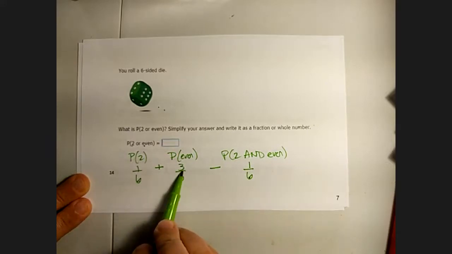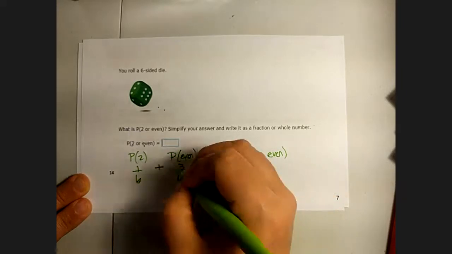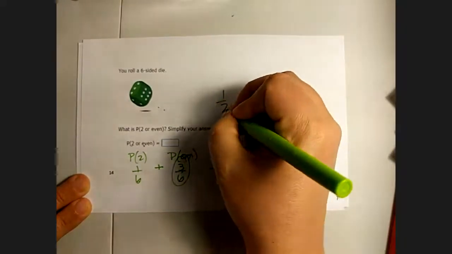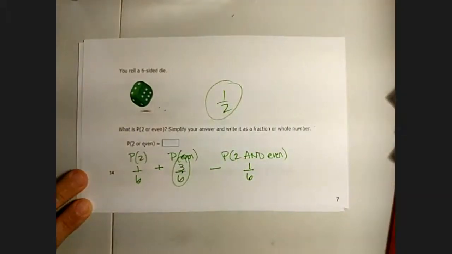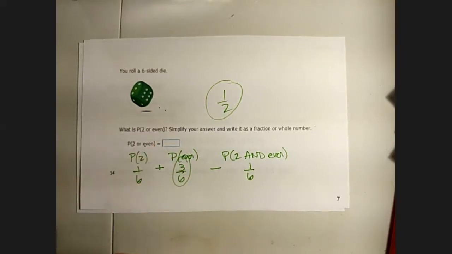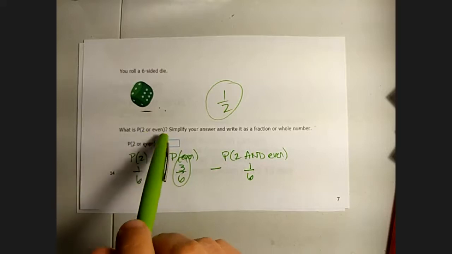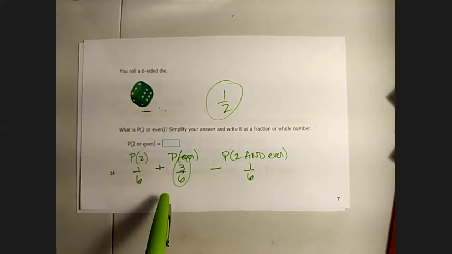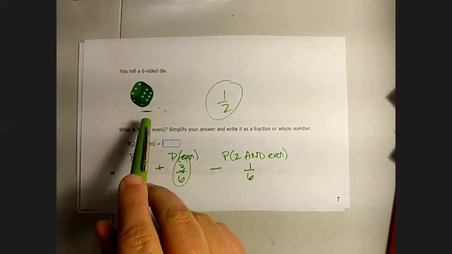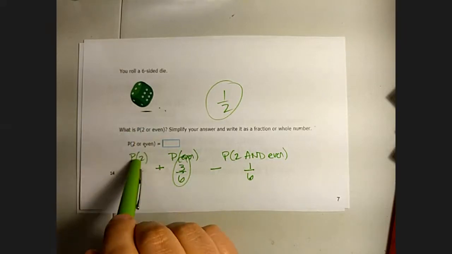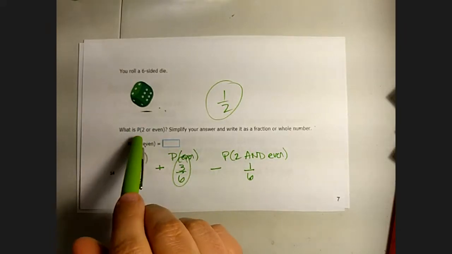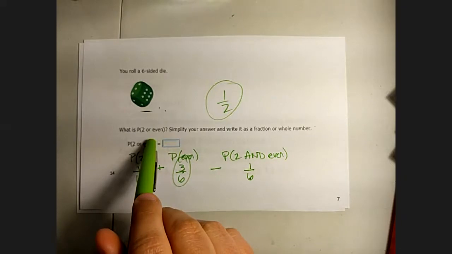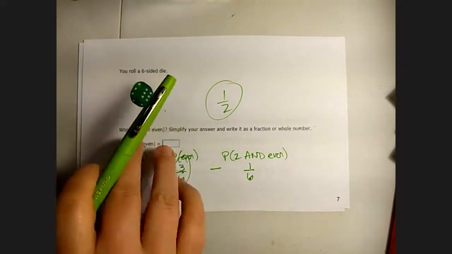So adding these together, I'm going to end up with 3/6 or 1/2. So the trick that you have to think about today is, are the events totally separate, or are there some outcomes that are true for both events? And if that's the case, you can only count them one time.